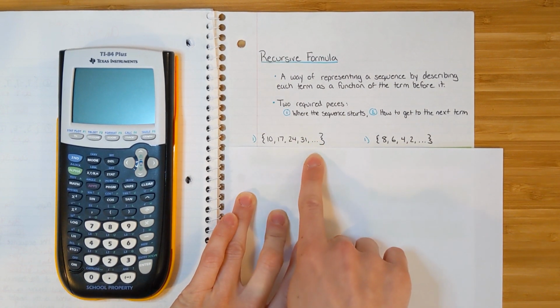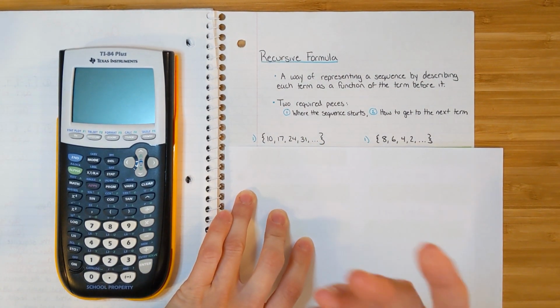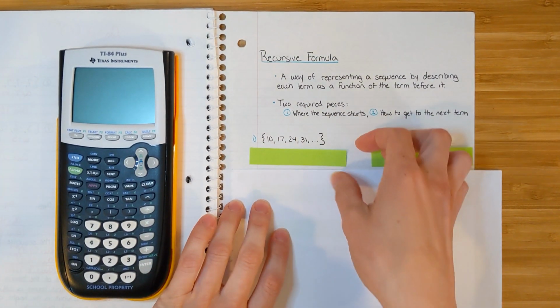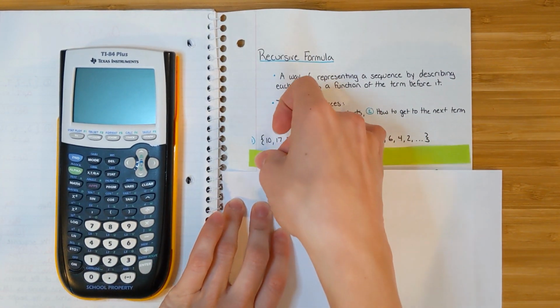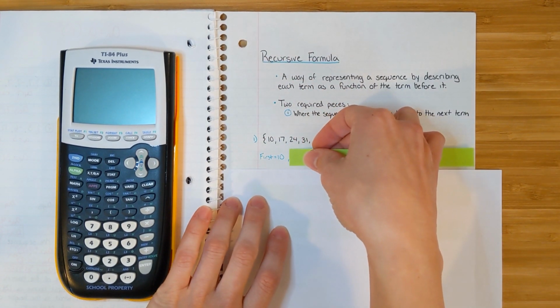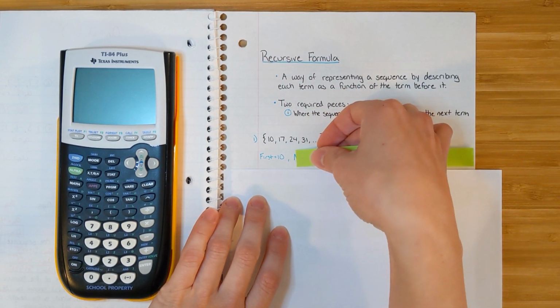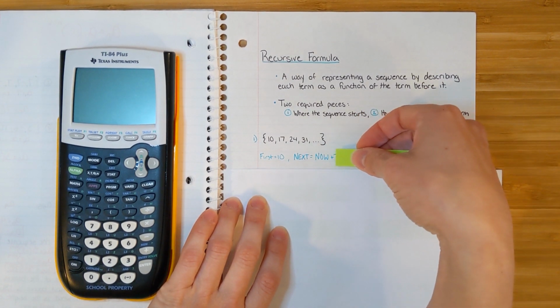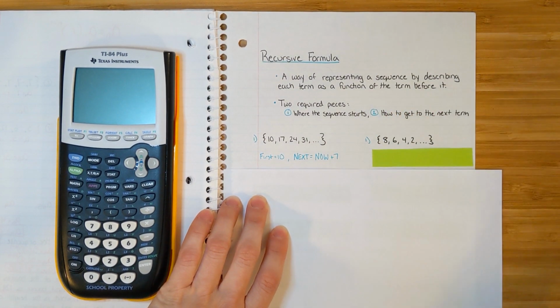So if I want to describe this sequence recursively, using the two required pieces, I have to tell you what the first term is. I might say the first term is 10. And then I would tell you how to get the next term according to the term you have now. This is almost like an English statement about a mathematical sequence.